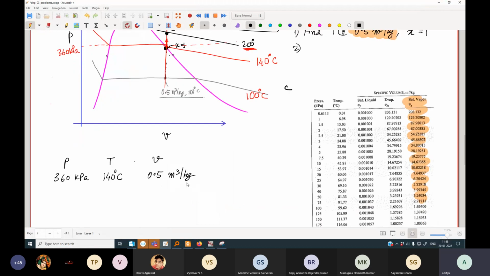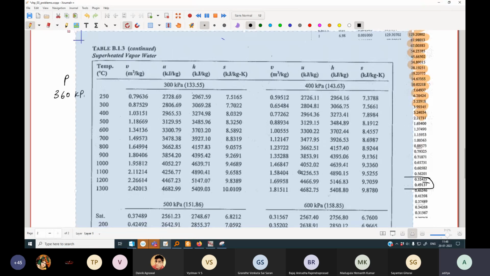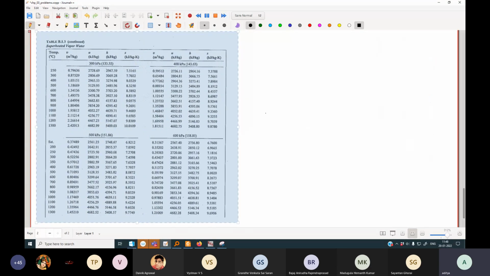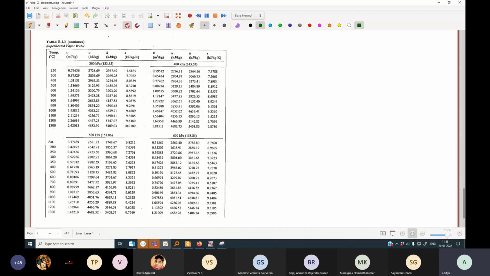See, right now you will see why doing these interpolations is not at all fun. First of all, we are looking for V equal to 0.5 and T equal to 200 degrees Celsius. So let us look at the 200 degrees Celsius entries. For 500 kilopascal, at 200 degrees Celsius, the specific volume is 0.42492.